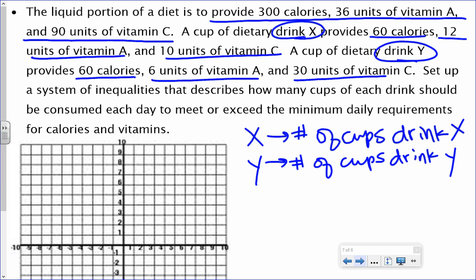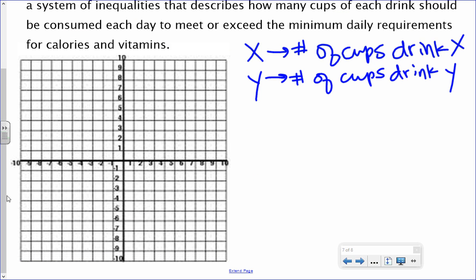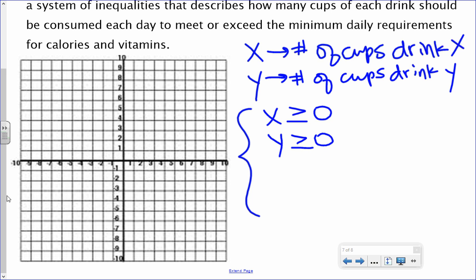This is going to be true for a majority of your application problems. Can we have negative drinks? So x needs to be greater than or equal to 0, and y needs to be greater than or equal to 0.